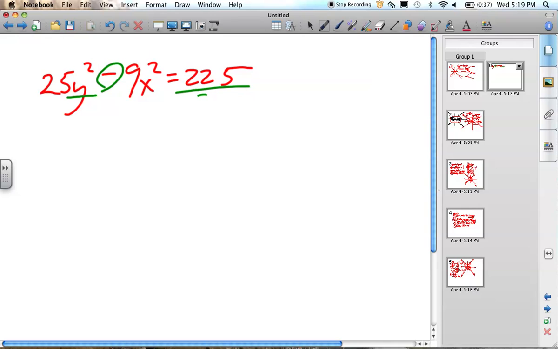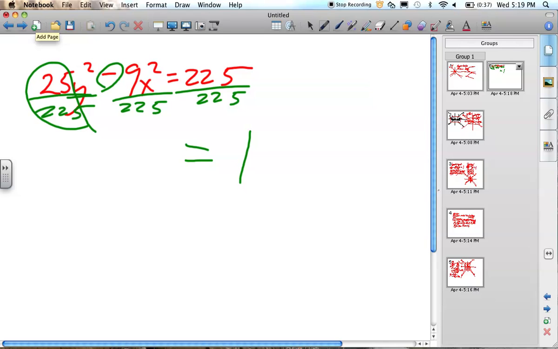But to get this equal to 1, I need to divide by 225. Alright, equal to 1. So 25 divided by 225 simplifies to y squared over 9. And this will simplify to x squared over 25.